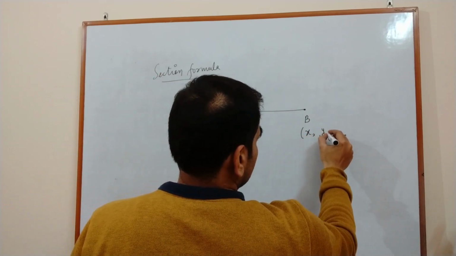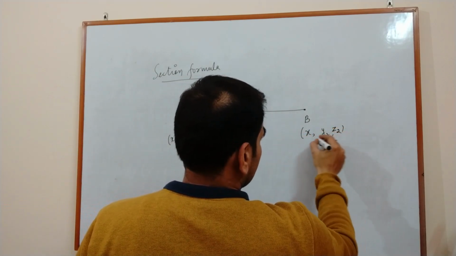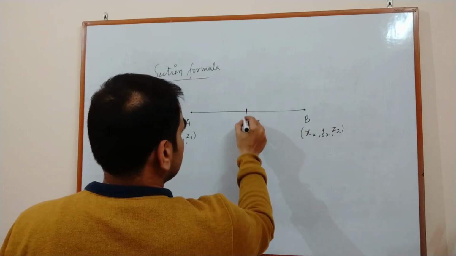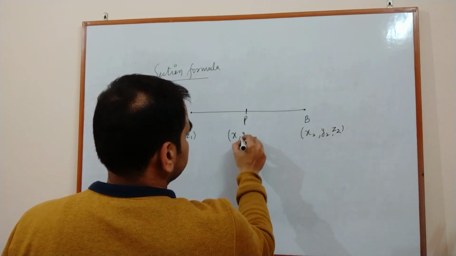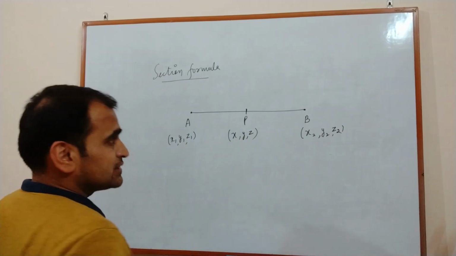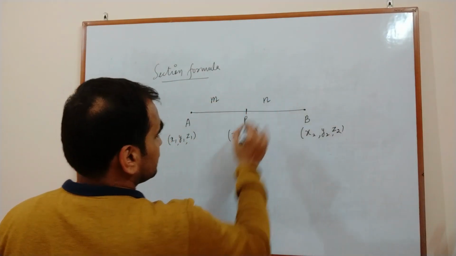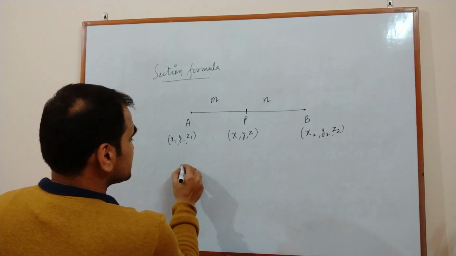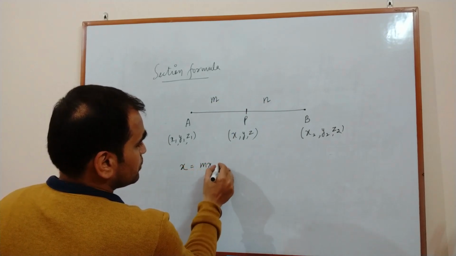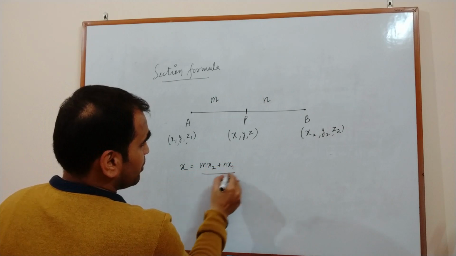This is x2, y2 and z2, and there is a point P in between A and B, which is dividing this line segment into ratio m/n. So here x is mx2 plus nx1 upon m plus n.